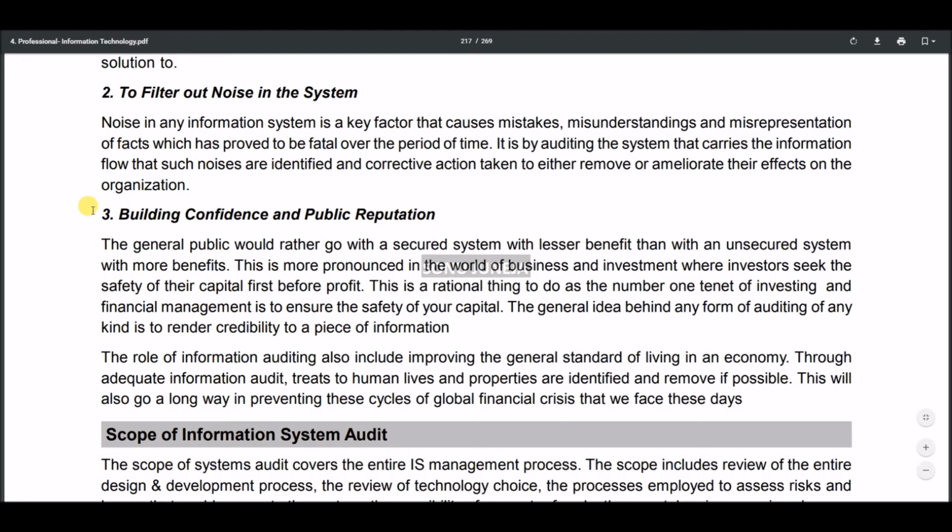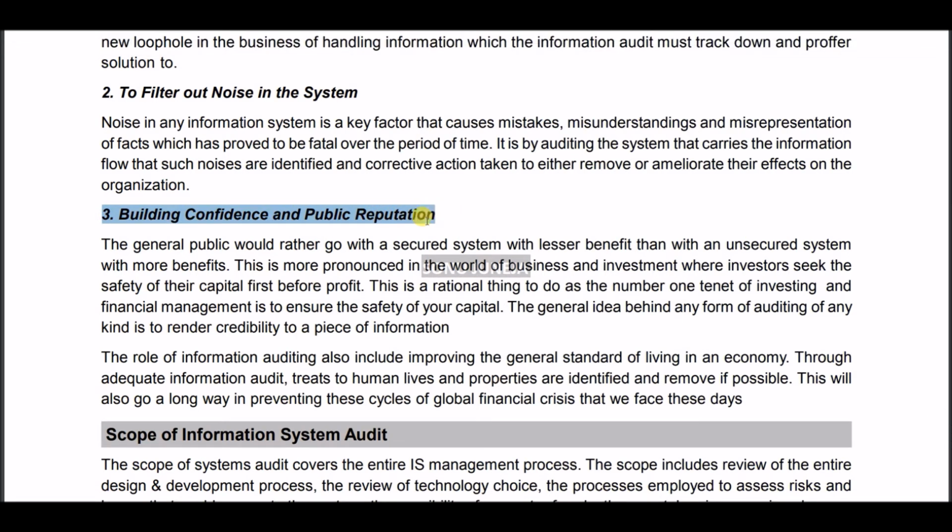Third is building confidence and public reputation, which is very much important. The general public would rather go with a secured system with a lesser benefit than with an unsecured system with more benefits. This is more pronounced in the world of business and investment where investors seek the safety of their capital first before the profit. So this is the rational thing to do, as the number one rule of investing and financial management is to ensure the safety of your capital.